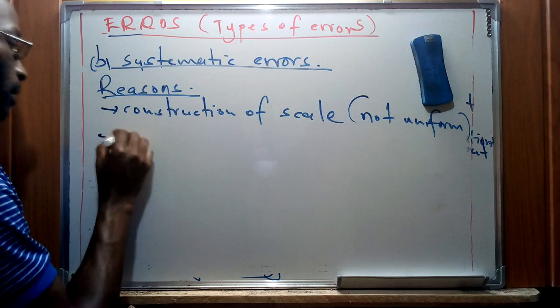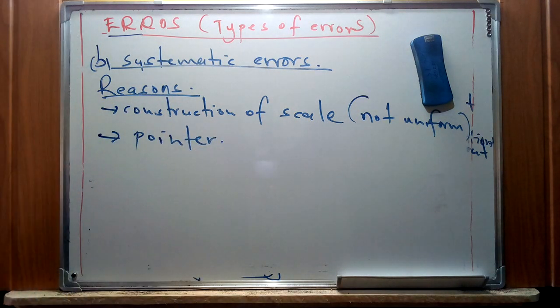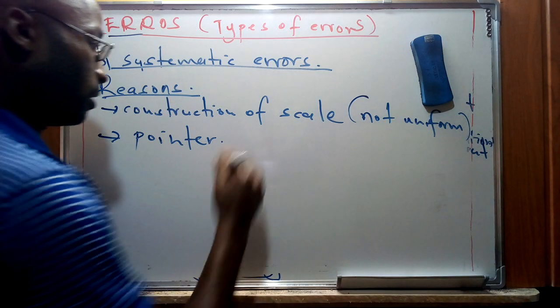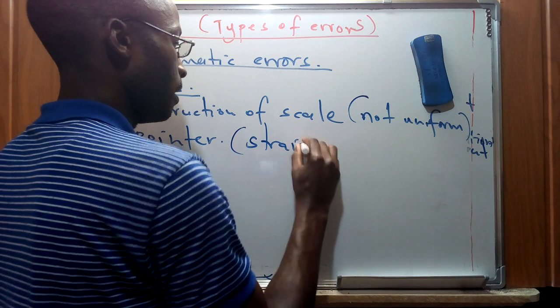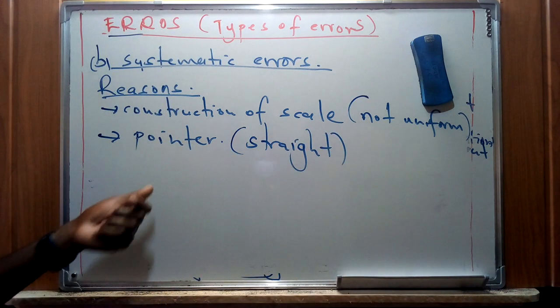And then some of the instruments that we use have what we call pointers. If the pointers are not straight, this is going to result in a wrong reading perhaps, and it's going to give a systematic error.